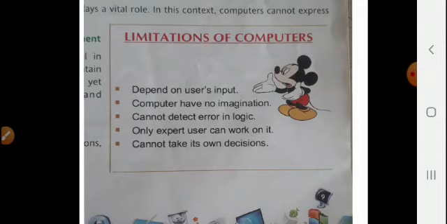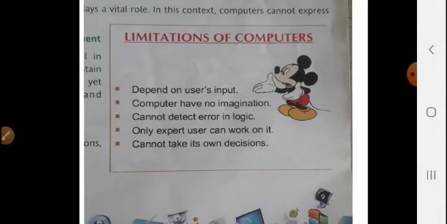Now, computers cannot decide as they cannot think. Computers are incapable of decision making as they do not possess the essential elements necessary to take a decision, that is knowledge, information, wisdom, intelligence, and the ability of judgment also. Understood? Now computers cannot express their ideas also. No feelings they are having.